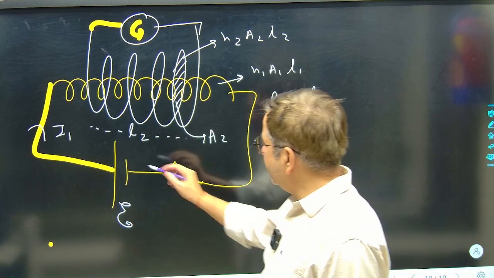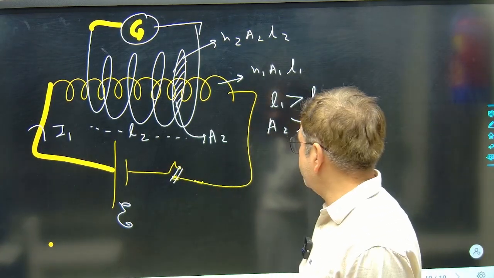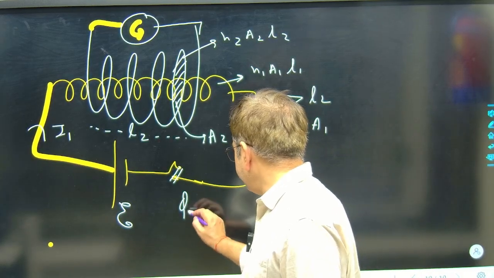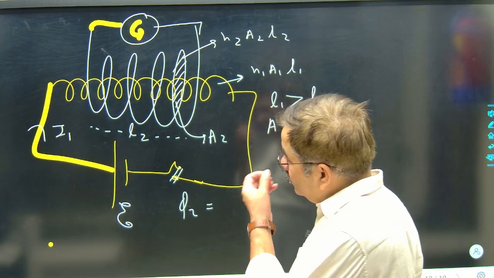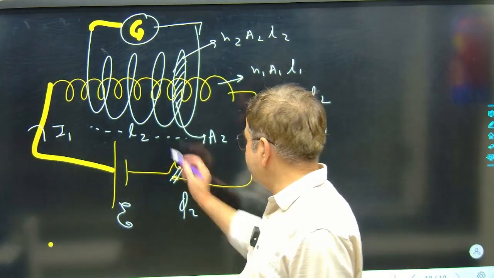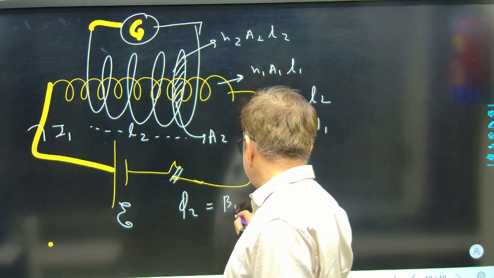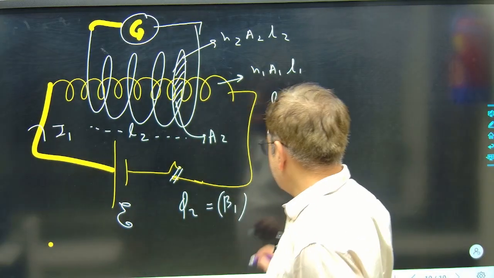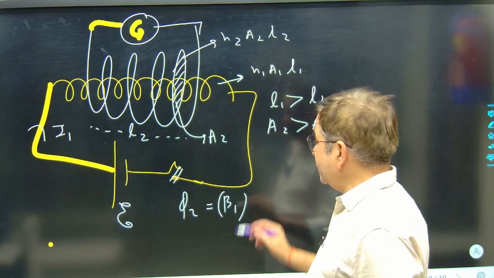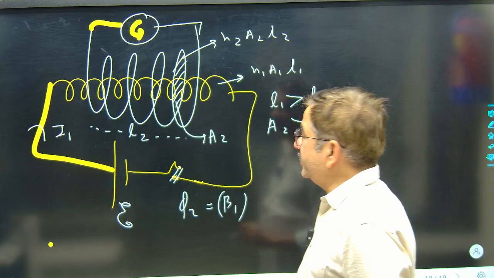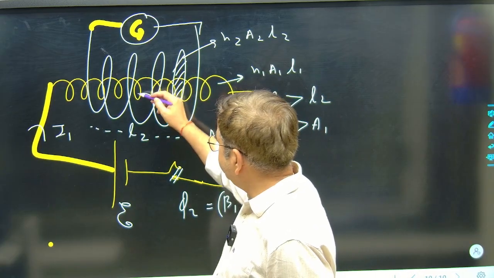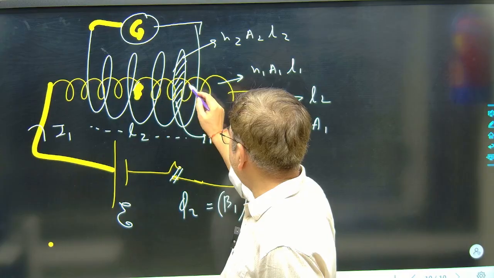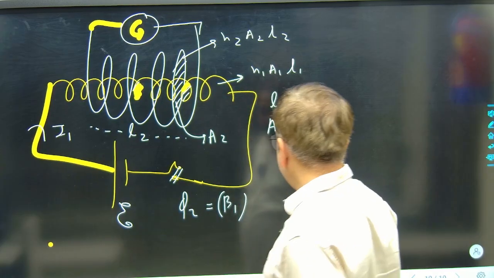Now I am making the current I1 flow in the first solenoid, so I have to find the magnetic flux phi 2. The field B1 is due to the first coil, because the battery and the current are here. What is common with the second coil? The common area for A1 and A2 will be that of A1 only.